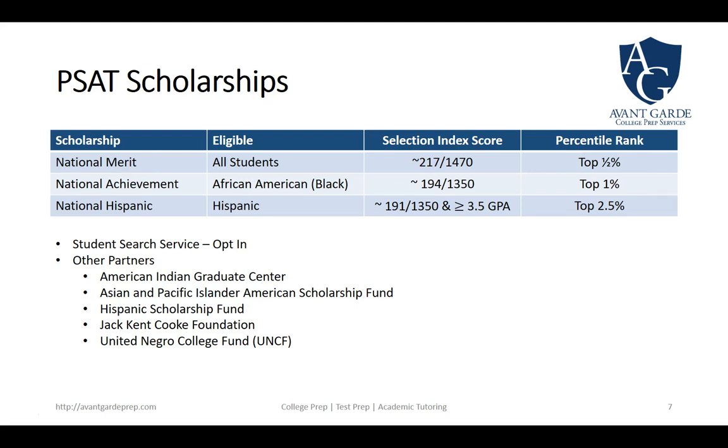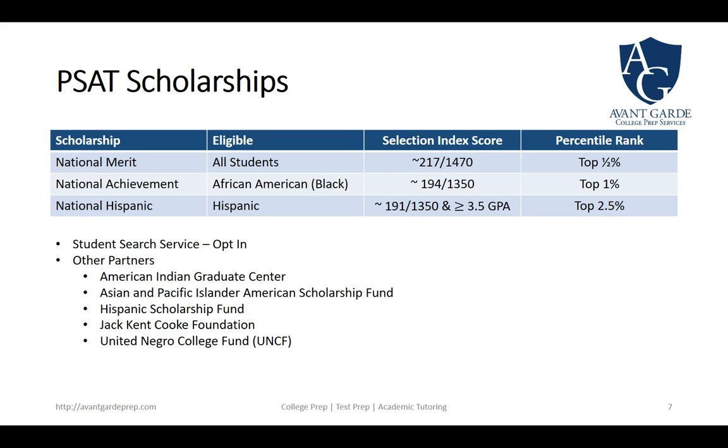Here are some scholarships for those students who are going for that and who are expected to do exceptionally well on this test. National Merit, you can see, is about the top half percent, and that's going to be an index score by state. So it'll vary between what Texas has and what Oklahoma has, and Washington and Maryland and such.